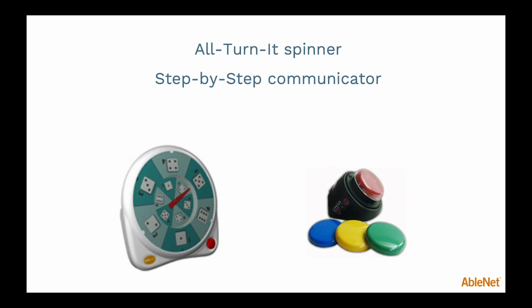This is a great resource for rote counting, skip counting, having a conversation, completing activities with multiple step directions. Really, the opportunities are unlimited. Again, I encourage you to visit our AbleNet website for more ways to use the communicator during the day. The step-by-step requires one 9-volt battery.